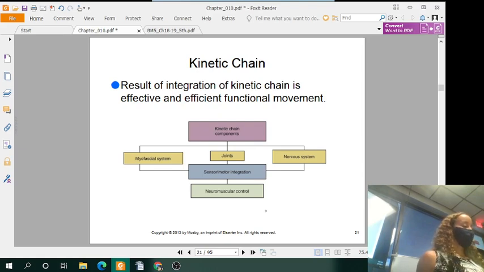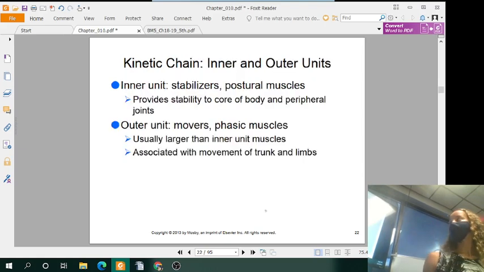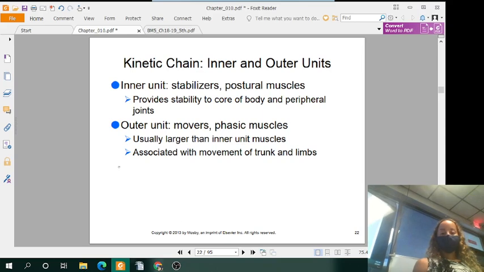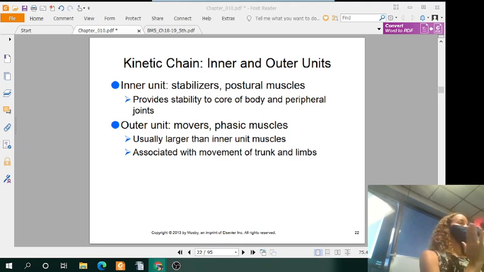But let's talk about some of the main groups that make this up. We have inner and outer units. Inner units are intrinsic muscles, okay, and they usually function at only one joint. That's important. And their main function is usually stabilization of the joints. So intrinsic at one joint, stabilization.